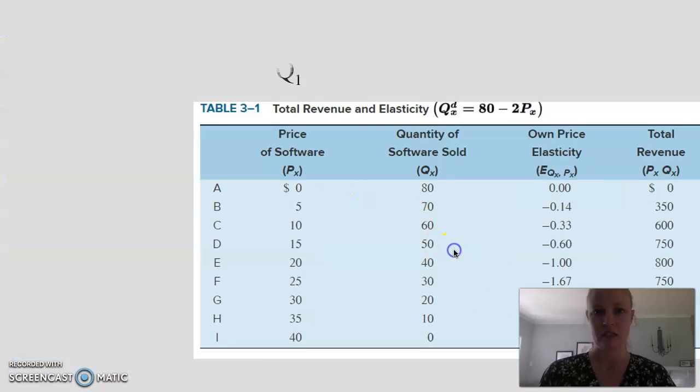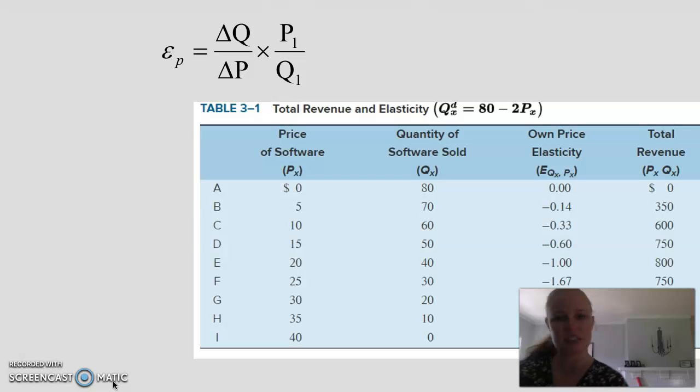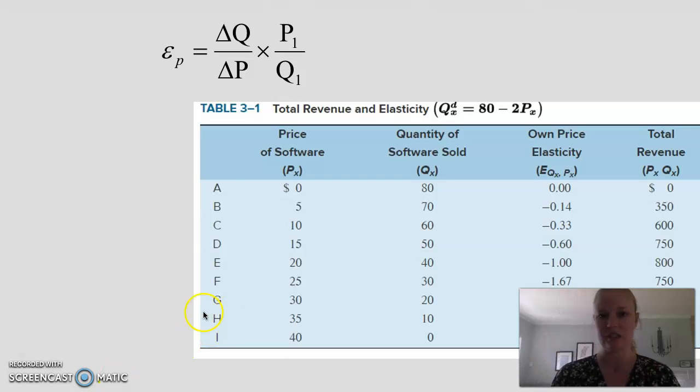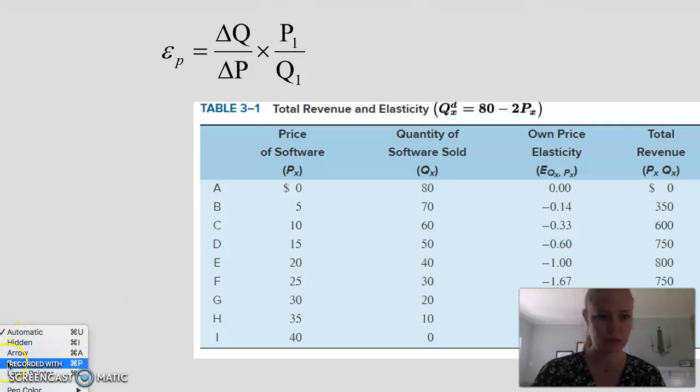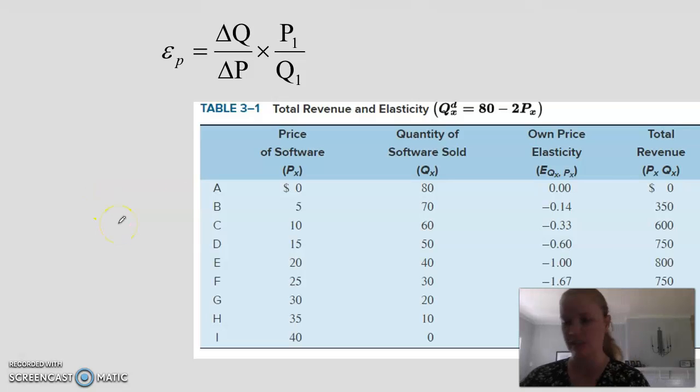Okay. So what I want us to do is calculate the point elasticity of demand, and let's just choose one and see if we can get the same one that it tells us. So let's choose point B. Okay. So the first part here, the slope. So this is the slope, and the slope of this line is 2.